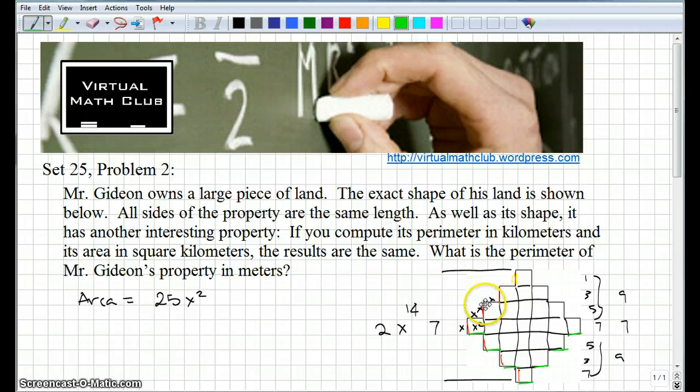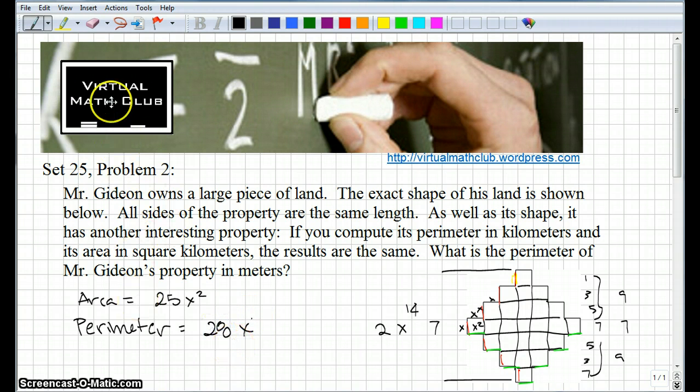So again, we have 14 horizontal pieces and 14 vertical pieces, and so we can write that the perimeter is equal to 14 plus 14, which is 28x, right?